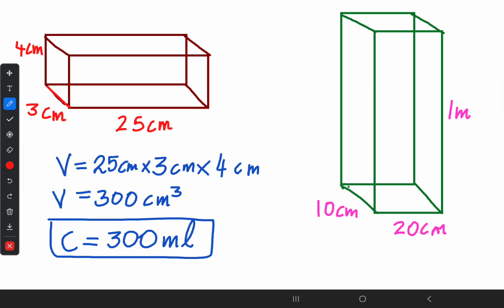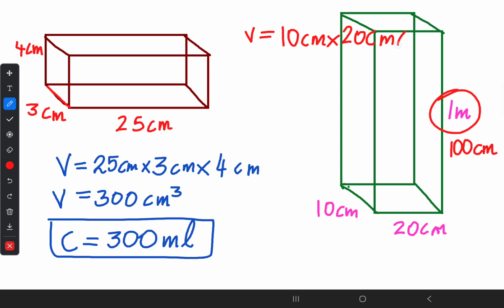Think about the second case. In the first case the measurements were in centimeters, but this one is in meters. So what we are going to do is convert the meters to centimeters. 1 meter means 100 centimeters. Thereafter we can find the volume: 10 centimeters multiplied by 20 centimeters multiplied by 100 centimeters.